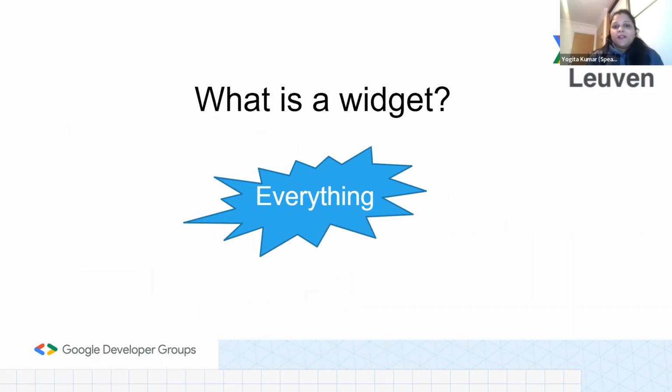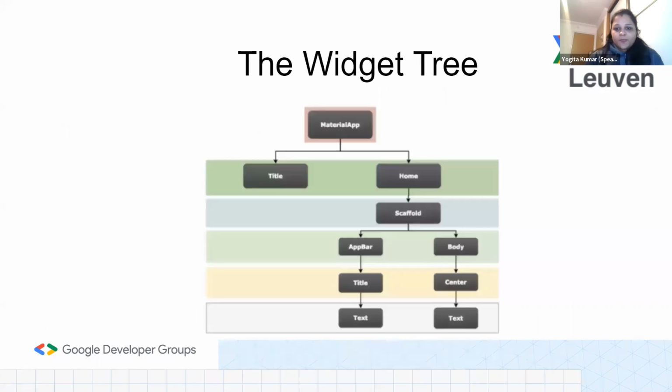In Flutter, every component is referred to as a widget, and this will help you to design your applications. When you start developing your application, in the backside, it is going to form the widget tree. The widget tree shows you your top parent widget, that is your very first widget in your application, and how you are going to expand your application according to that. This widget tree is going to expand.